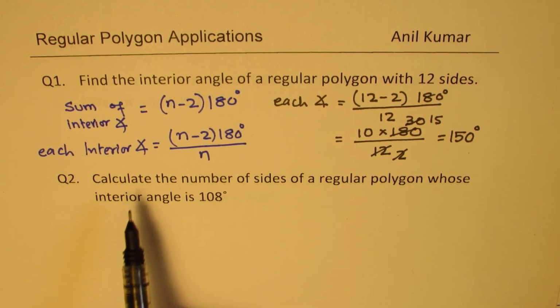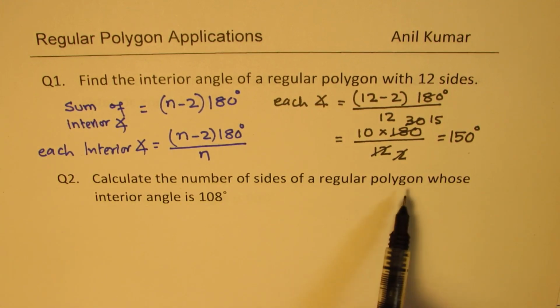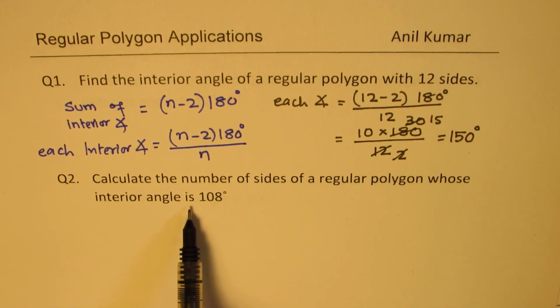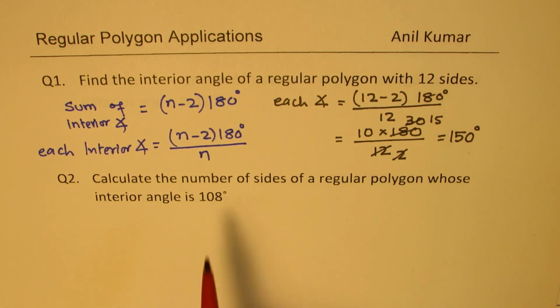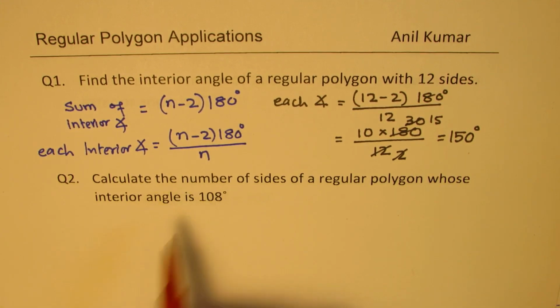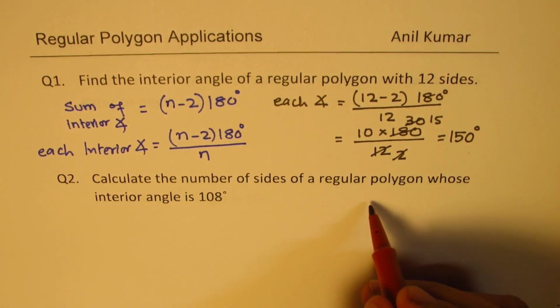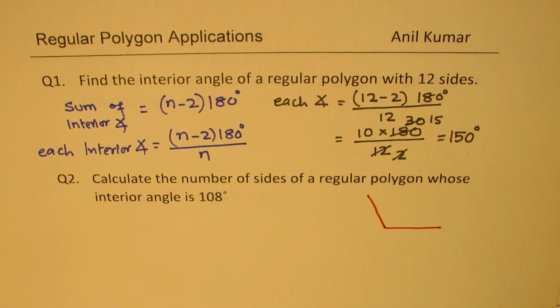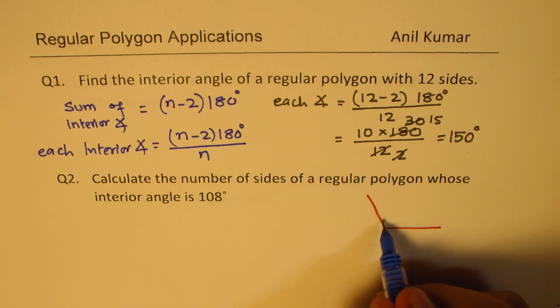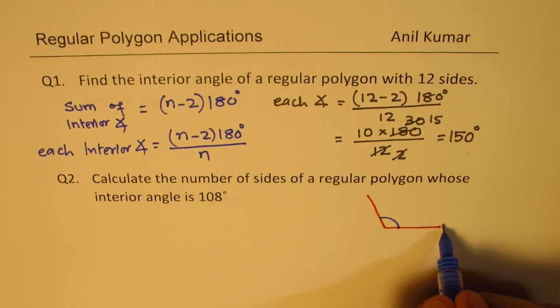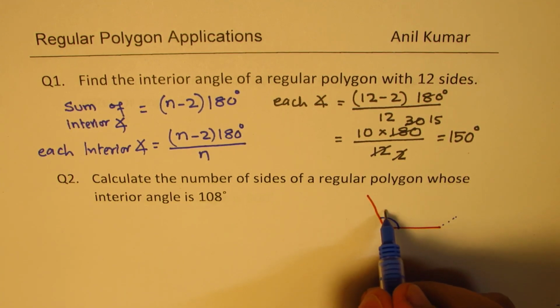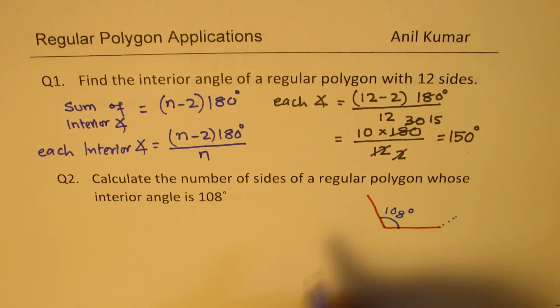Question number 2. Calculate the number of sides of a regular polygon whose interior angle is 108. So in this case, we are given the interior angle. Let me now discuss with you a shortcut method. So basically, what we are saying is that this is the polygon, whose interior angle is 108 degrees, and we don't know how many sides, correct?